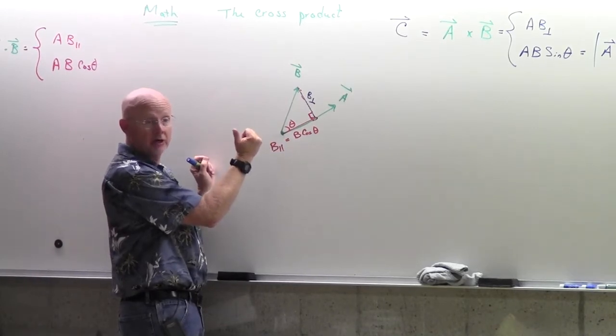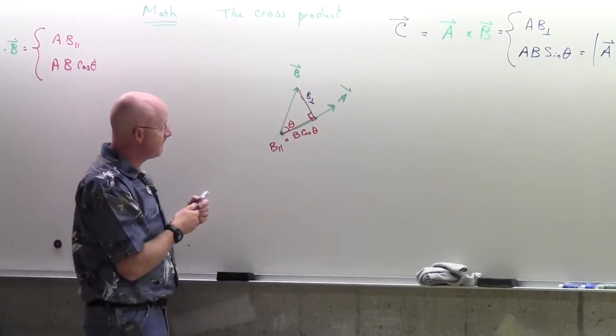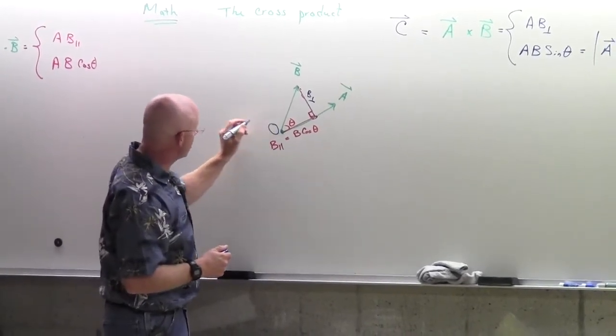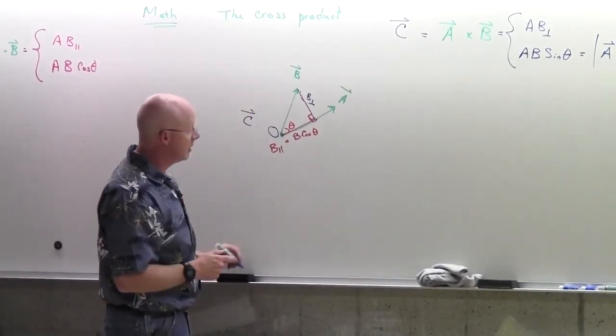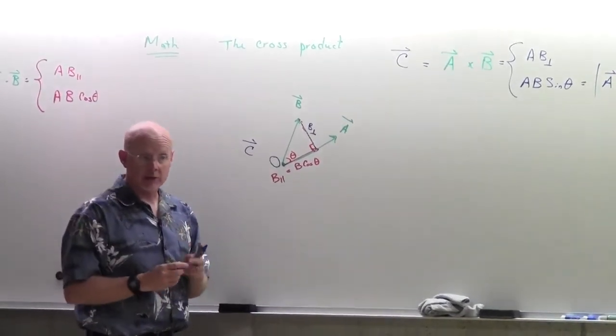And we'll call that the direction of the cross product. So here, A cross B, which I will call vector C, would be an arrowhead that is coming out of the board. It's hard to draw an arrowhead coming out of the board.